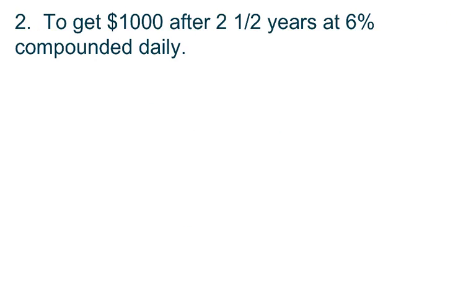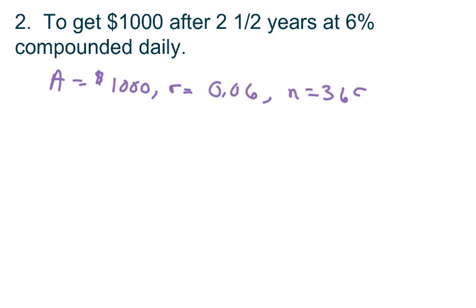So we'll go a little faster now, and we're going to do the same thing. We have A equals 1,000, R equals 0.06, N equals 365, and T equals 2.5.